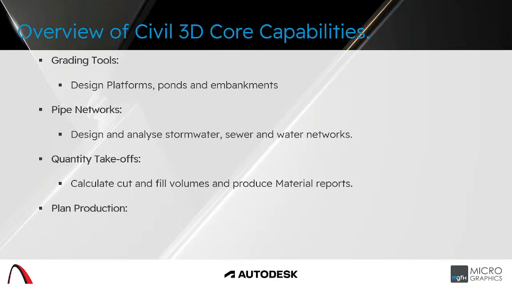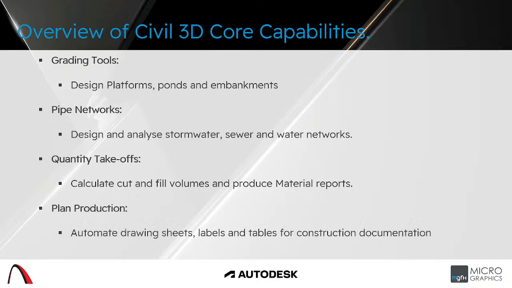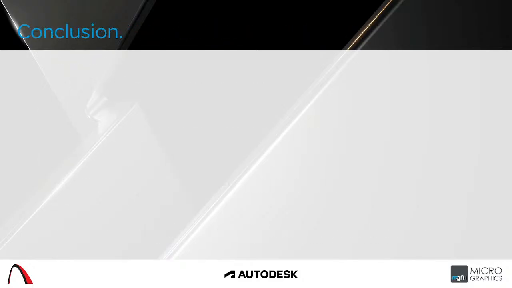And then lastly, your plan production, that is to automate drawing sheets, labels, as well as tables for construction documentation. If you want to do any tables or labels for roads specifically, then you will be able to do that.